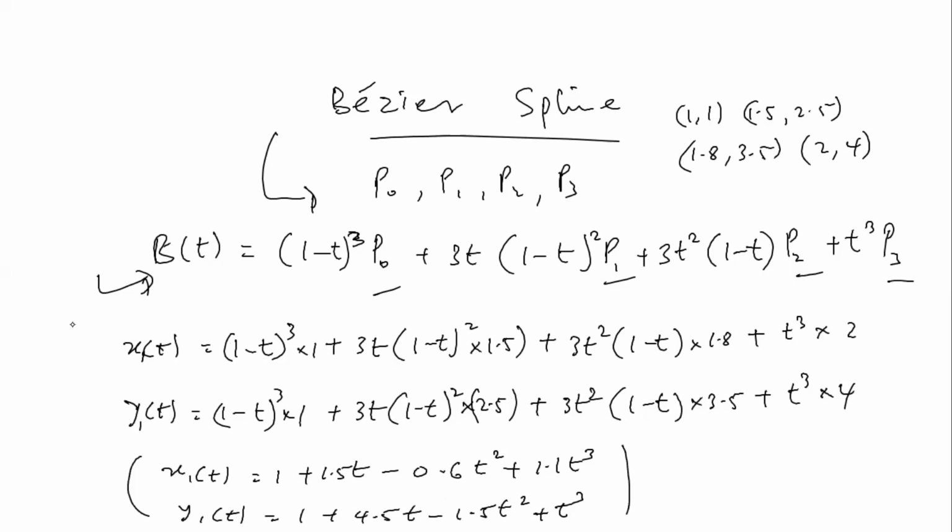And when we do that for the second point, here we have 2, 4, 2.25, 5.5, and then 2.8, 7.5, and then 3.9.